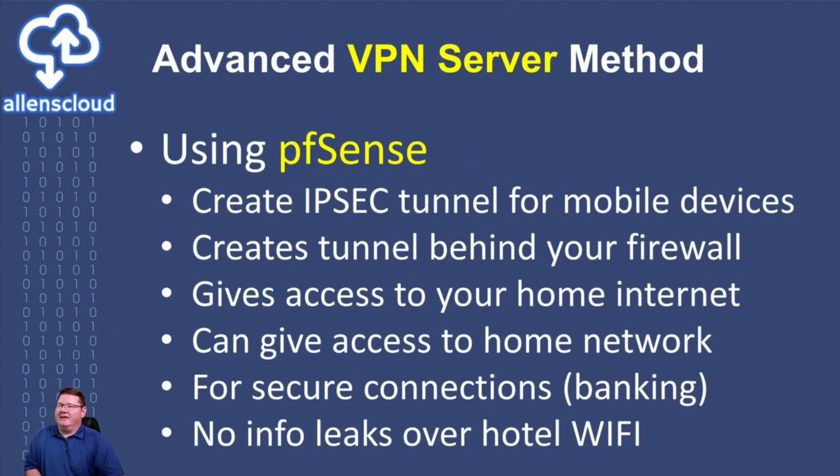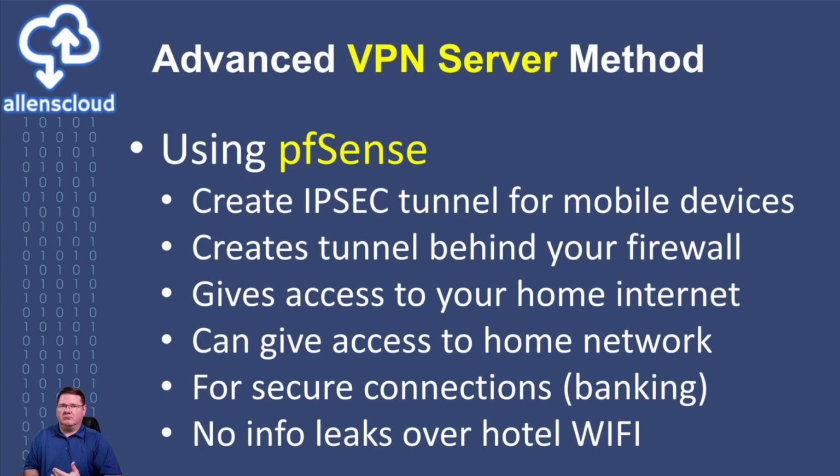So a more advanced VPN server method, not a client method, but a server method, is what we talked about before. Using pfSense, you create an IPsec tunnel for your mobile devices, so for your phone and for your laptops and things like that. The advantages of this, again, are actual privacy. This is set up by you.